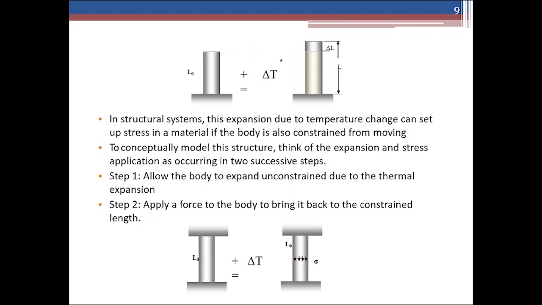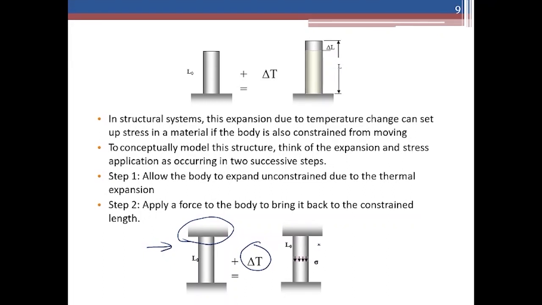That is how thermal stress is produced in the structure. These two steps are also explained by this diagram, where the structure is constrained so that when the temperature change occurs, the structure cannot expand, so it will produce stress in the structure.